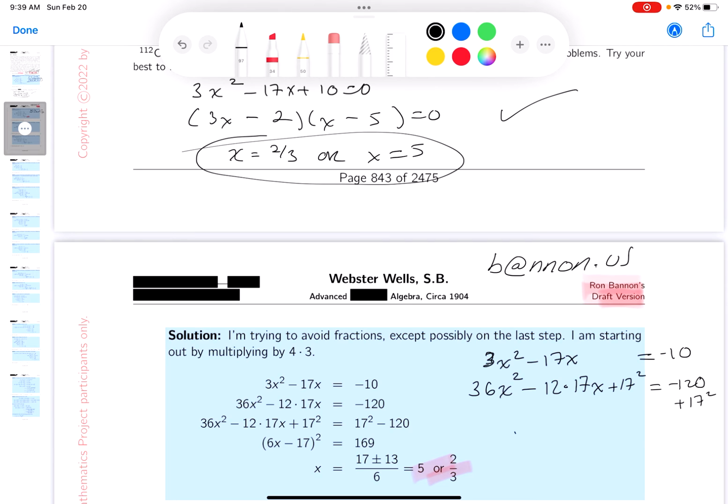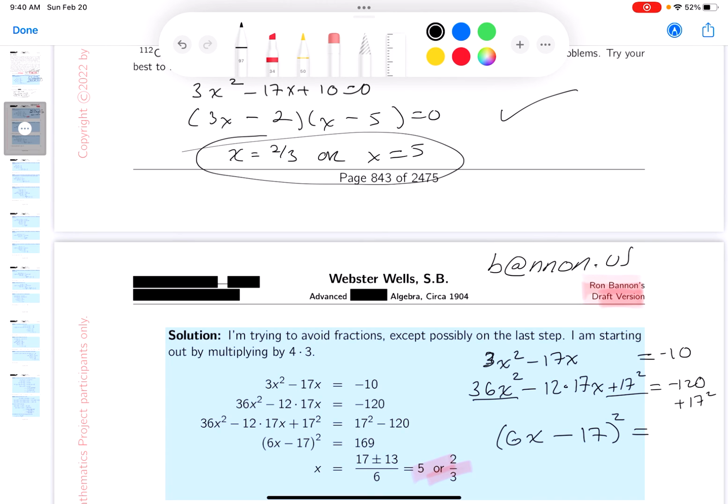This is going to be 6x, and I'll check it, by the way, minus 17 quantity squared. Let me just check it. I hope you realize it's not difficult to check, but you get 6x squared would be 36x squared. You get the plus 17 squared in the end, and then you'd get minus 2 times 6 times 17x. Looks good.